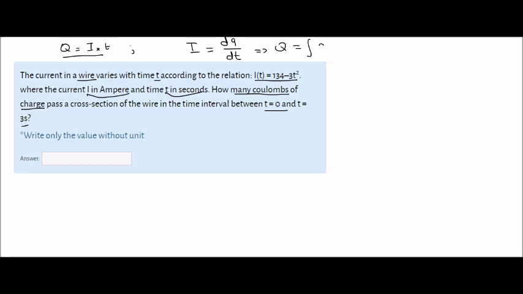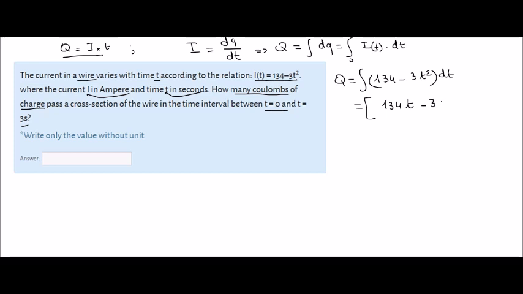That's the integral of I of t dt, of course from 0 to 3 seconds. So all we need to do is to integrate this expression from 0 to 3 seconds. Okay? So let's integrate that: 134 minus 3t squared dt. Simple math.